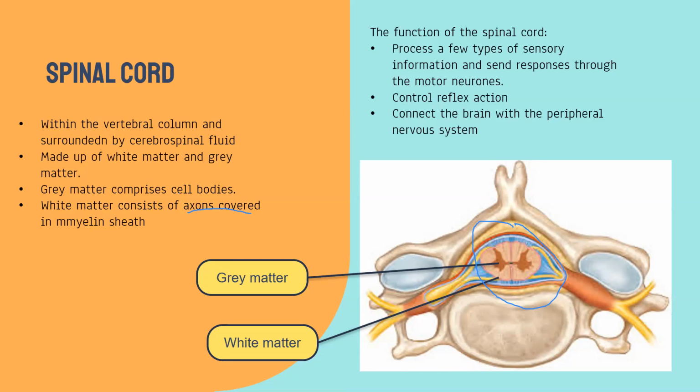Other than that, the spinal cord also controls reflex action, for example blinking eyes just now. Another function is to connect the brain with the peripheral nervous system. Later, we will learn the details about that.